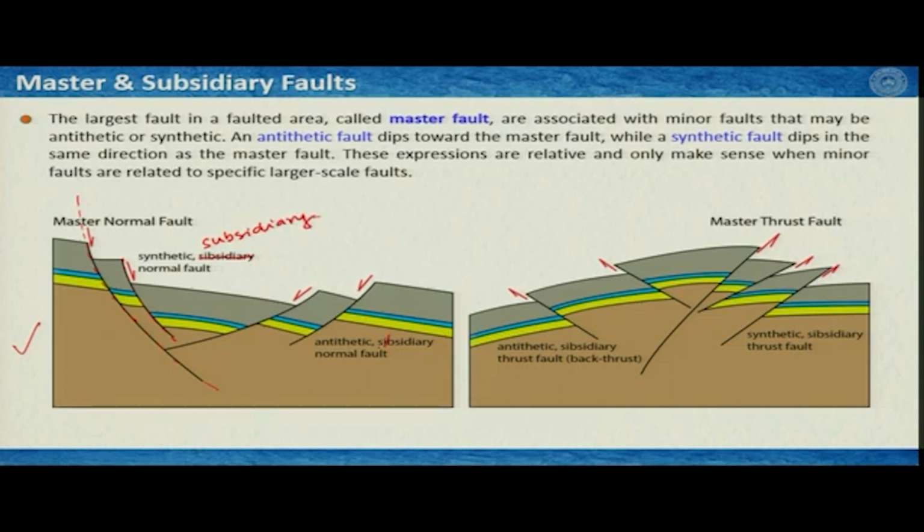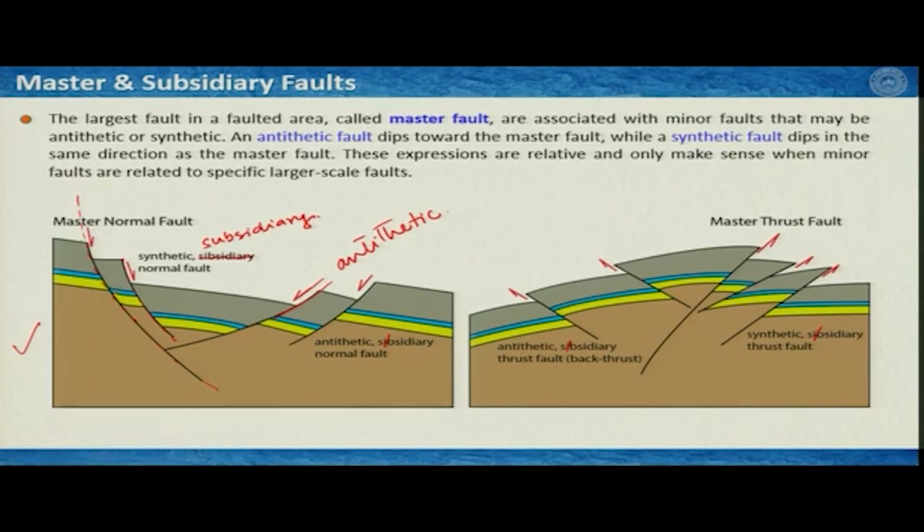Okay, so everywhere it is wrong. And then you see that we have normal faults, but the dip is on the other side. So, therefore, these are antithetic with respect to the master normal fault.